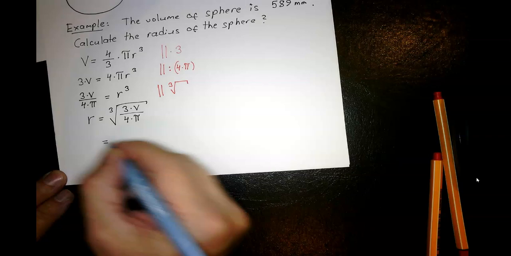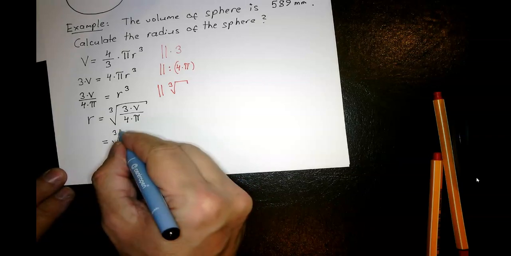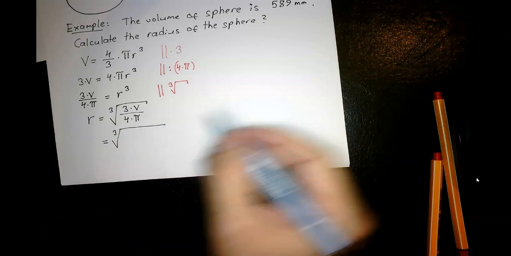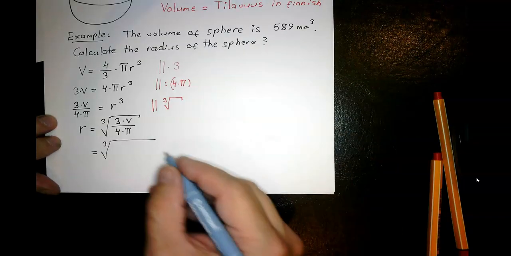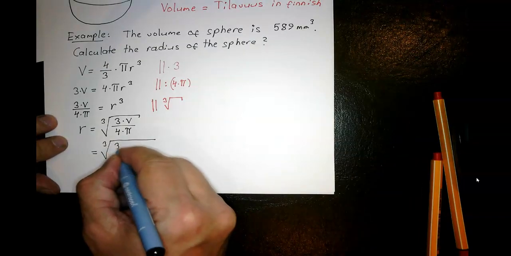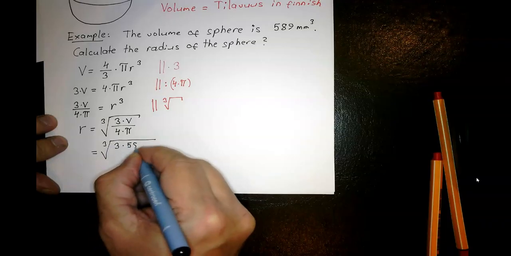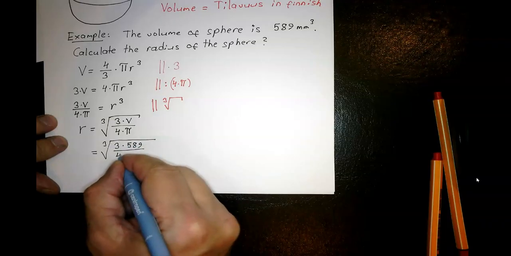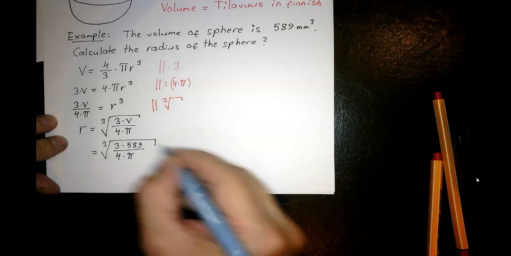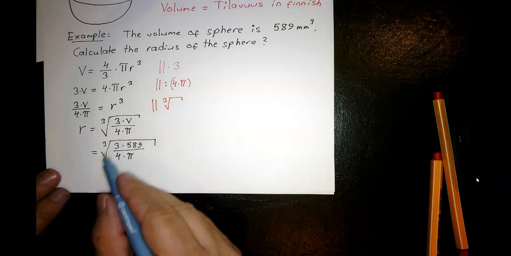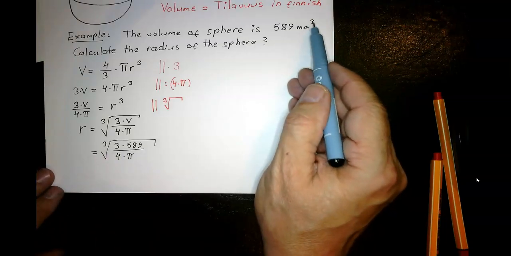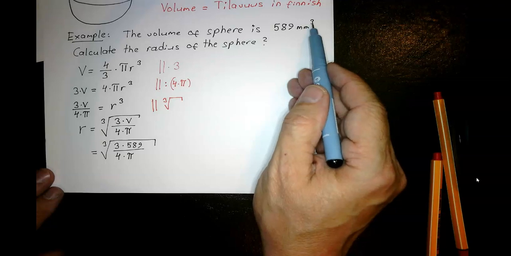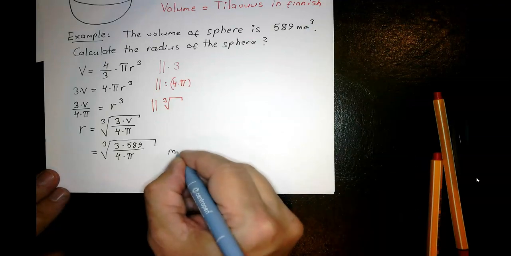So now we will write the volume 589 cubic millimeters. So there will be 3 times 589 divided by 4 times pi. And after taking the cubic root of that unit, the exponent will be cancelled, so this will be millimeter.